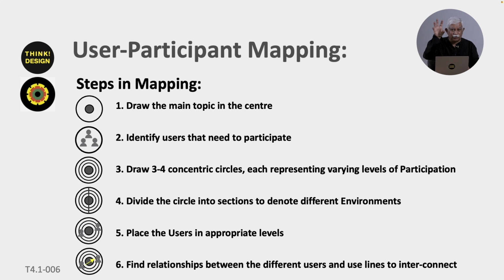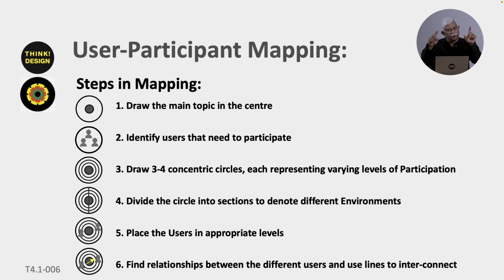You draw the main topic in the center and identify all the users that need to participate. You can note them down. Then you draw concentric circles, the first level, the second level, the third level, right? And you can divide the circle into sections showing different environments. We'll show how to do it. And you put the users in the different levels.